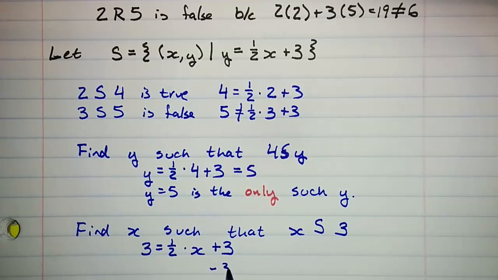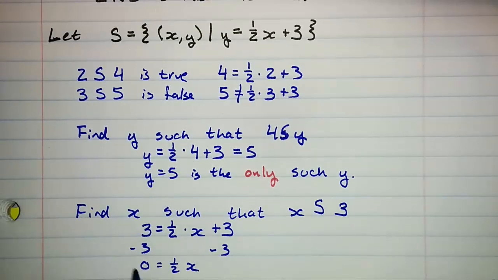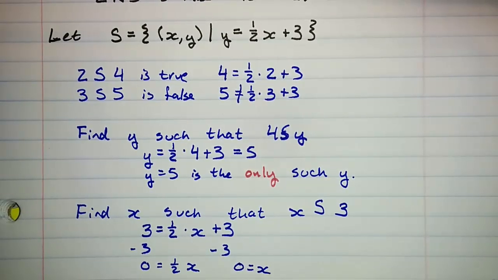We can subtract 3 on both sides. We get 0 is 1/2 x. Dividing both sides by a half, we get 0 equals x. And again, we see that x equals 0 is the only such x. Now, that wouldn't necessarily always be the case.